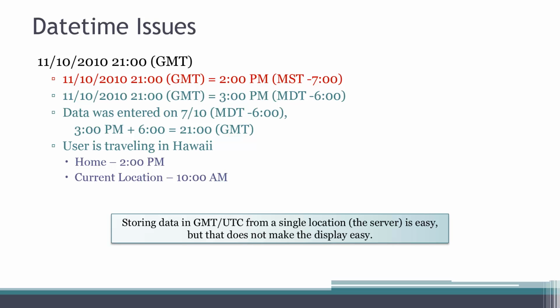Now, I told you I'd come back and tell you what one of our developers had done for this problem. And the problem is data entered on one date using math, and that time then is calculated later. What they did was they found a library that would allow them to determine on a particular date and time what the UTC or GMT value would be from a particular location for that time.